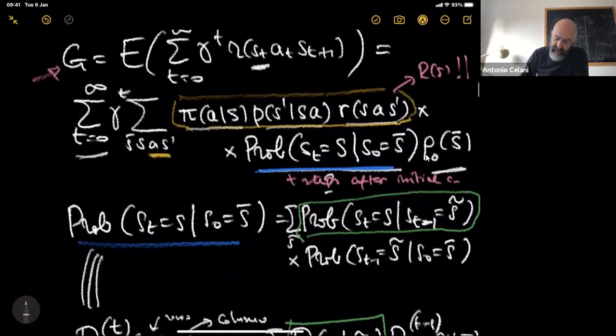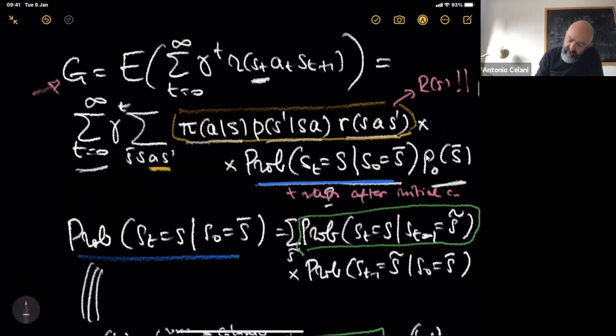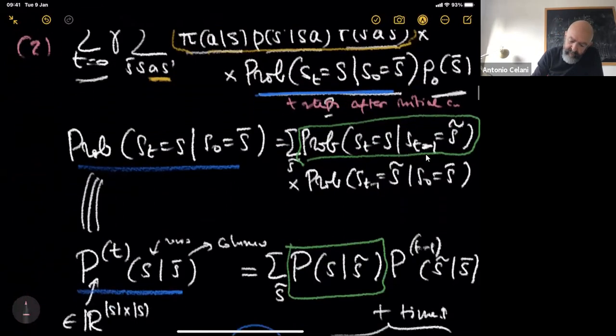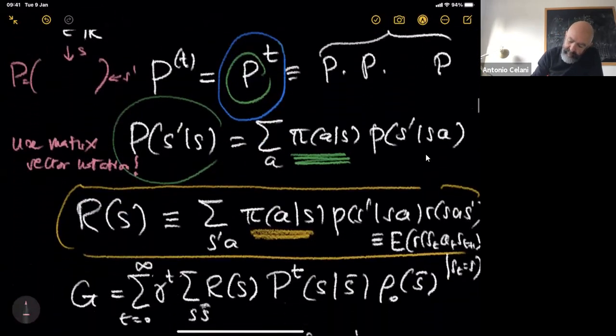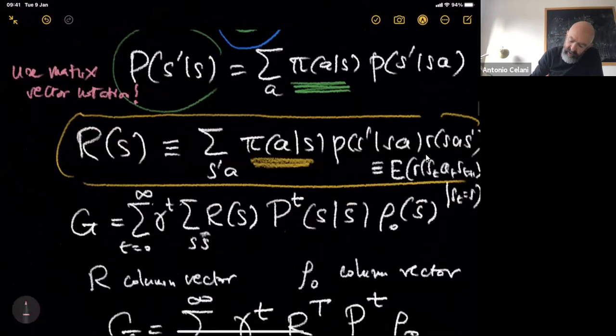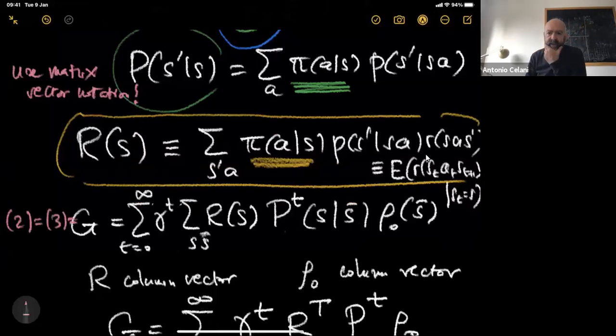So let's number the equations so you might feel more comfortable with this: this is equation 1, this is equation 2. And here, what I'm writing is that 2 is equal to 3 is equal to this. So this is another way of rewriting G, which follows from the definitions above.